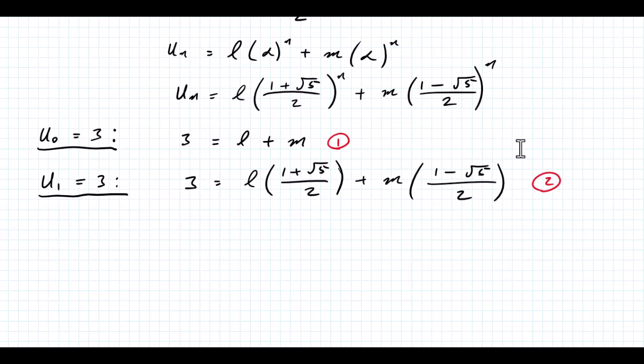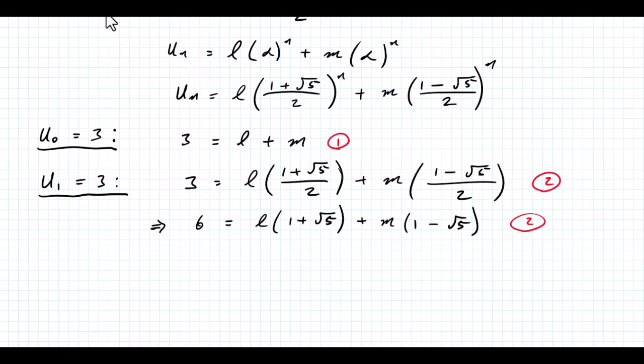Now we've got to use simultaneous equations to work out what our L and m are. I'm just going to have a look at equation 2 here, and what I'm going to do is just multiply across by 2. So that will give me 6 is equal to L times (1 plus root 5) plus m times (1 minus root 5). This is equation 2 still here.